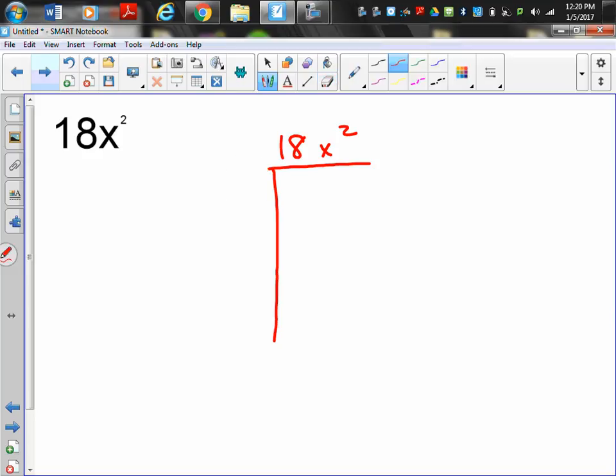Let's look at our list of prime numbers. First one is 2. Can 18 be divided by 2? Yes. So that's 9x squared. Now look at my 9. 3, so 3 and 3x squared.